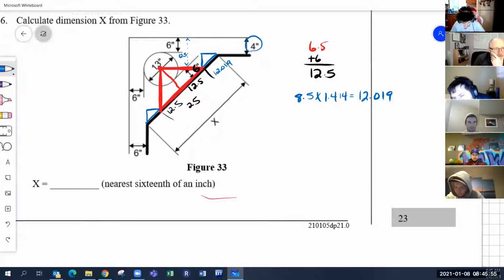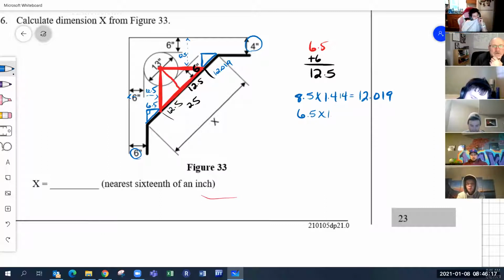Now I need to solve for this piece right here. Here's my right angle triangle. There's the right angle. We're solving for the travel. We need the measurement from the red line to the wall, which is 12.5 minus 6. So this line is 6.5. So we go 6.5 multiplied by 1.414, which is equal to 9.191.